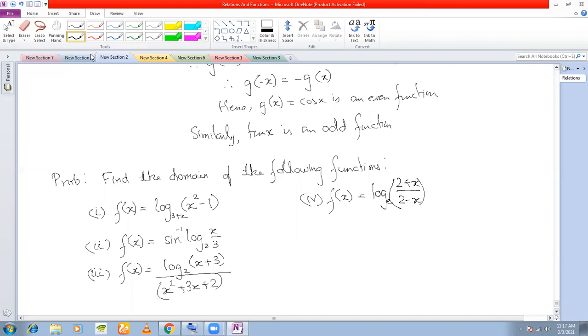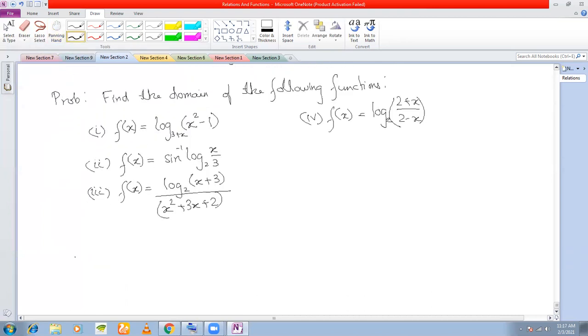These are the 4 functions which you will be required to find the domain of. Let us start with the first one, and today this is the only one that I'll do. The rest I'll keep as they are.